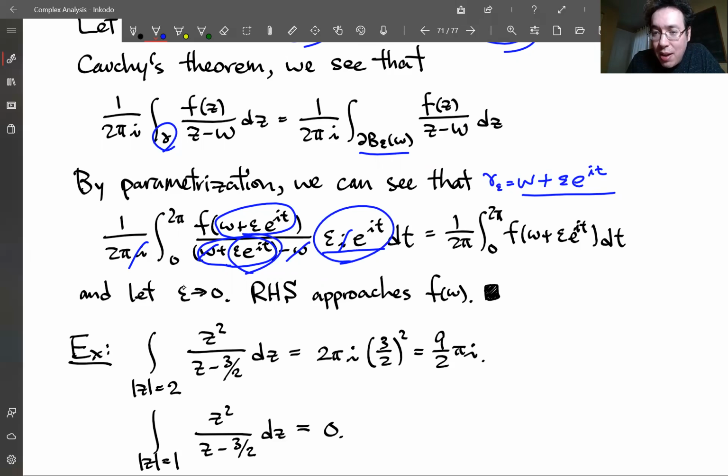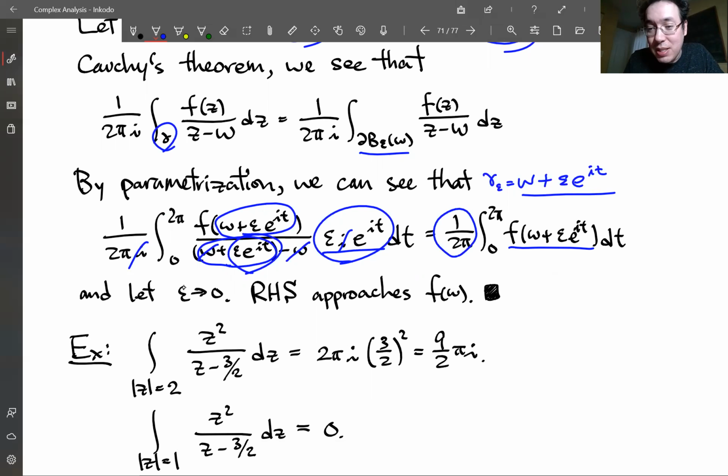So the only thing that's left is 1 over 2 pi on the outside, with integration from 0 to 2 pi, and inside is f of w plus epsilon e to the it. Now, f is analytic, so it's also continuous, which means if epsilon is very small, this value is very close to f of w.